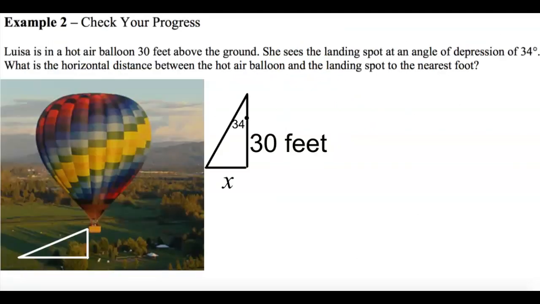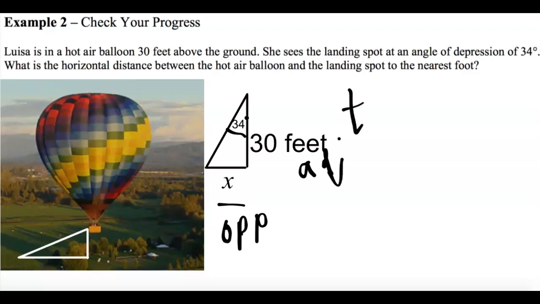Our last example, we're not going to do example 3. So this will be our last example. Again, I have this angle here, and I drew the picture based on the diagram there. We know that the height off the ground is 30 feet. We want to know the horizontal distance between the hot air balloon and the landing spot to the nearest foot. Again, we have opposite and we have adjacent, which means we're using the tangent function.